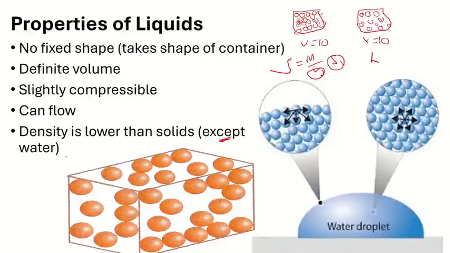The exception is applied to what? Almighty water. What is happening in water? If you consider water as an example, when water is solid, this is how the atoms are at a particular point. They may be arranged like this.